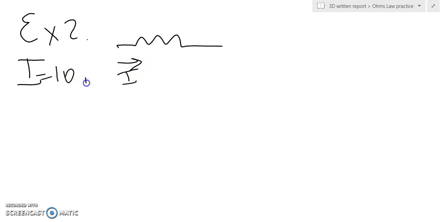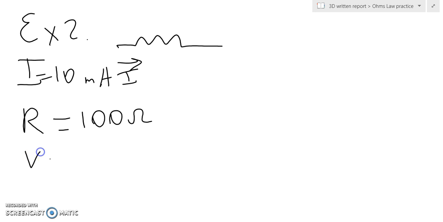So here's my example number 2. Once again, I have a resistor, and this time I know the current passing through it. I know that there is a current going through, and that current is 10 milliamps. I also know that this resistor has a resistance of 100 ohms.